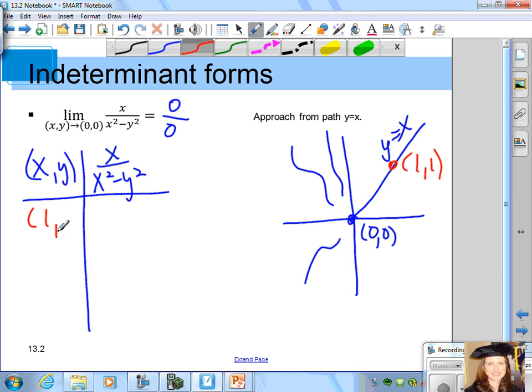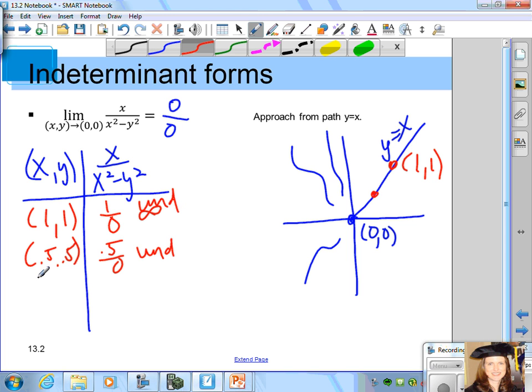You can plug in 1 for x and 1 for y, and you get 1 over 0, which is undefined. As you get closer, say at the point (0.5, 0.5), again, you get 0.5 over 0, which is undefined, or it goes to infinity, but we could say undefined.